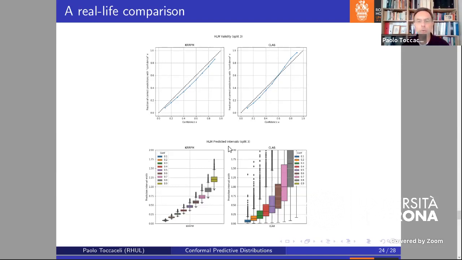But actually, you have to look also at the fact that for a high value of confidence, the method on the left undershoots validity, whereas the method on the right overshoots validity. So it has narrower intervals but misses its validity target.